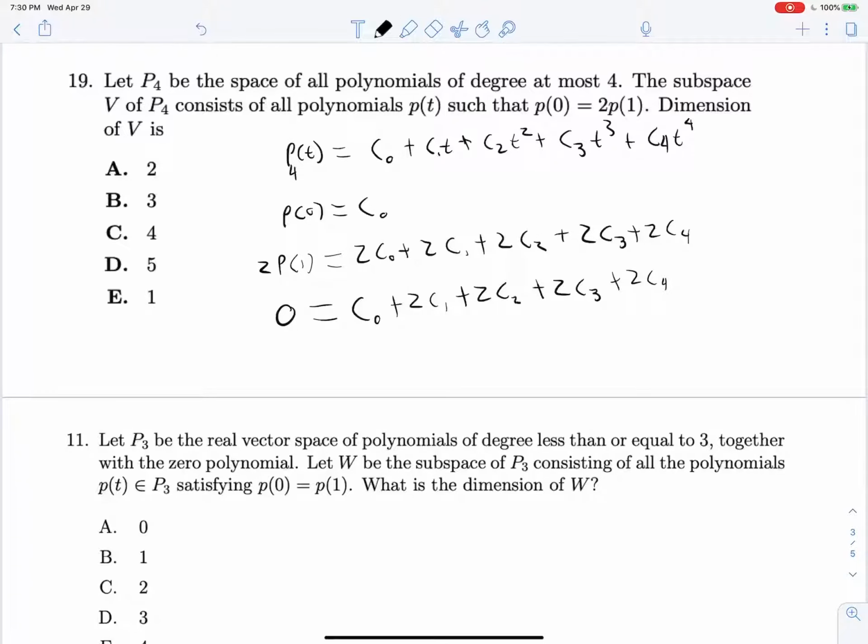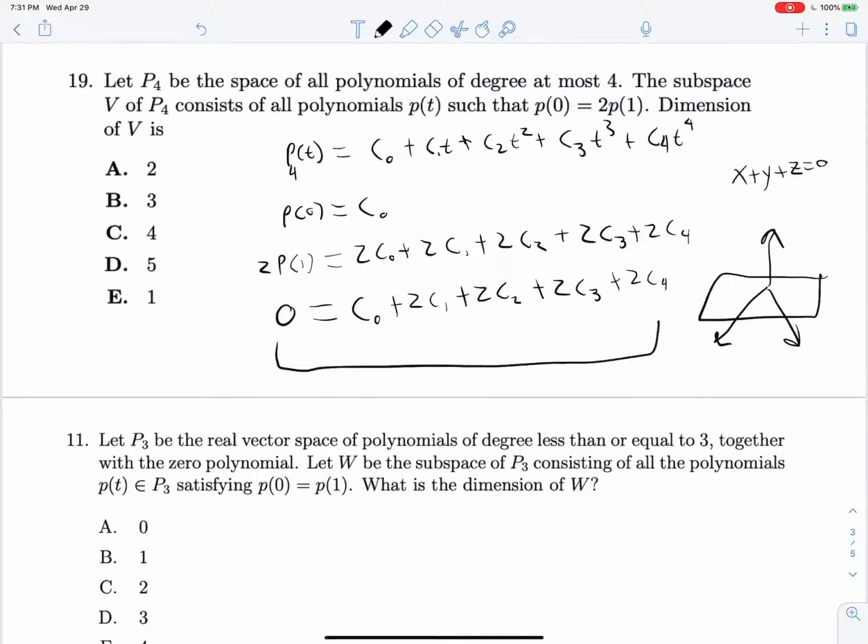So just like in 3 dimensions, an equation with 3 variables equal to 0, so x plus y plus z equals 0, gives us a plane, a 2-dimensional plane in 3 dimensions.